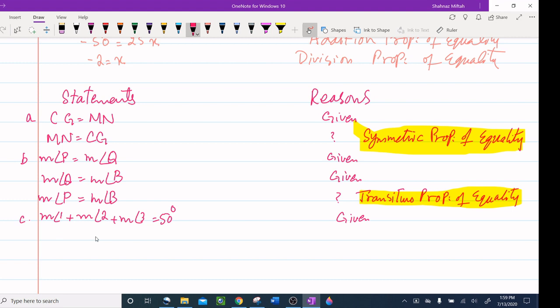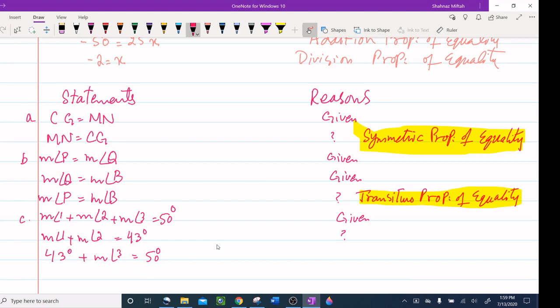Then we have measurement of angle 1 plus measurement of angle 2 is equal 43 degrees. And they are asking me, what is this? Then we have 43 degrees plus measurement of angle 3 is equal 50 degrees. This is what I got at the end.